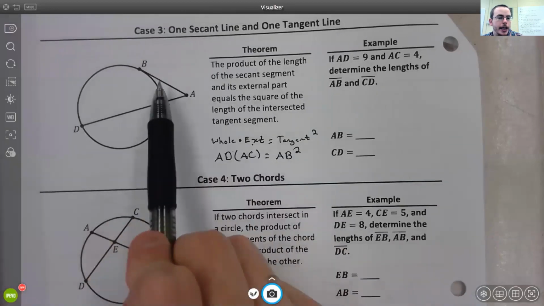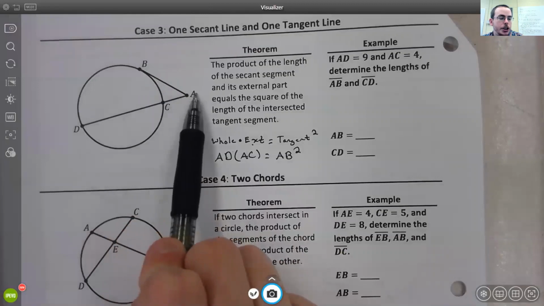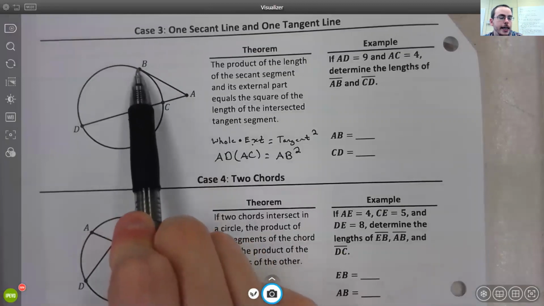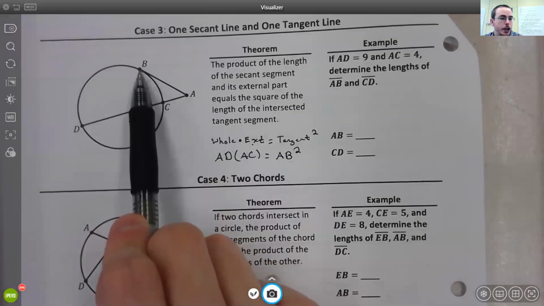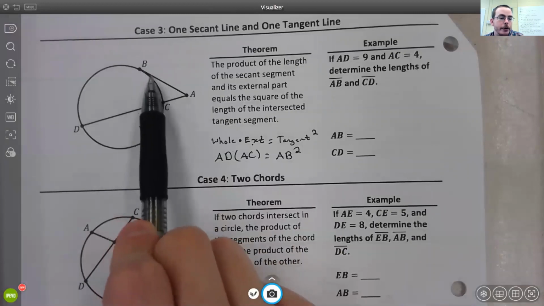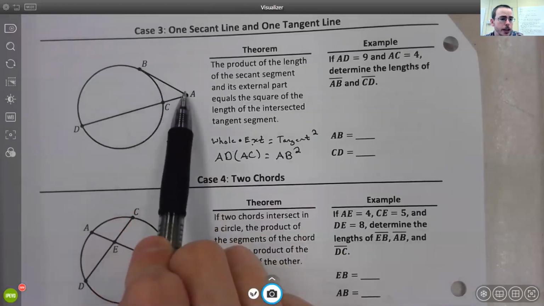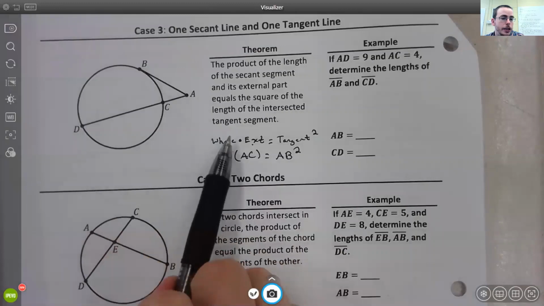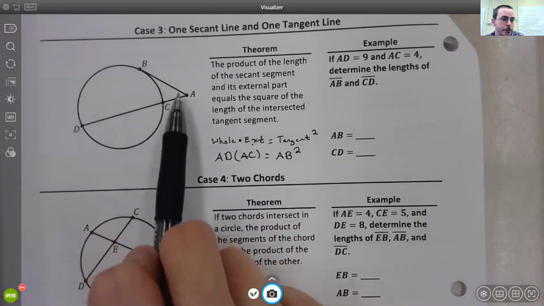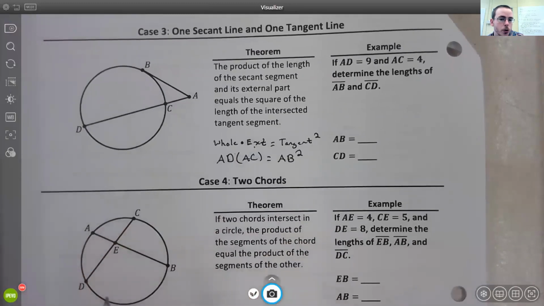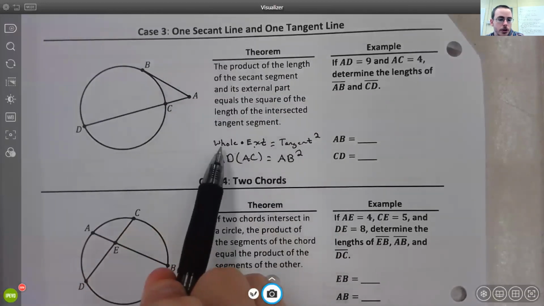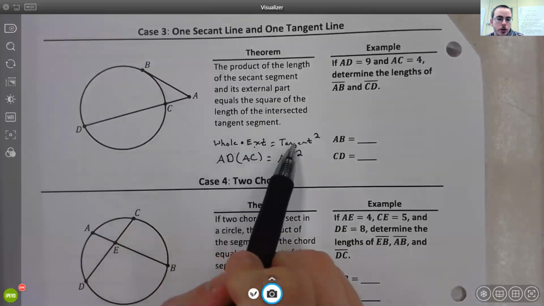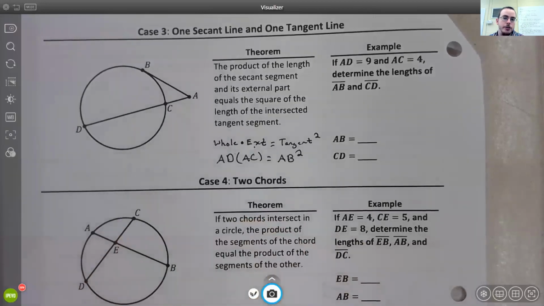And what I mean by that is the whole tangent here is equal to AB. But since the tangent never goes inside the circle, the entire thing is considered to be the external part. So the whole times external gives you AB times AB, which is tangent squared. So with one secant line, one tangent line, you're still doing whole times external, and you're just squaring your tangents.